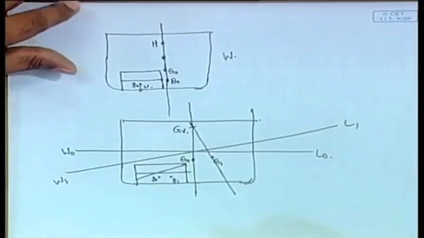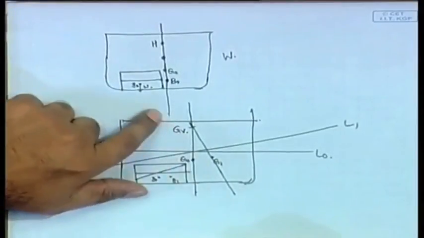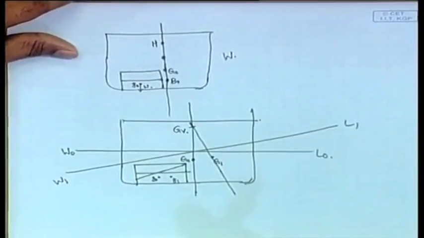So, this figure is very much like that of the center of buoyancy shifting and the metacenter. So, you have G1 and Gv, okay. Similarly, that figure explains it.